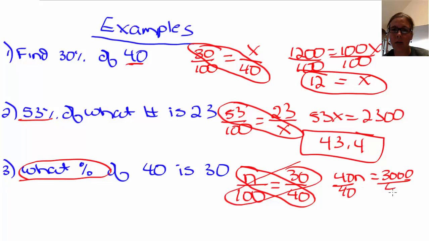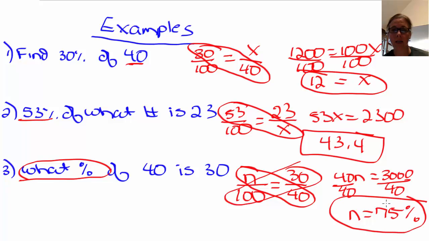Divide by 40. Okay, so 3,000 divided by 40, or you could do 300 divided by 4, and n equals 75%. Remember, that's a percent. Okay, so you have to write that because that's what we're looking for.